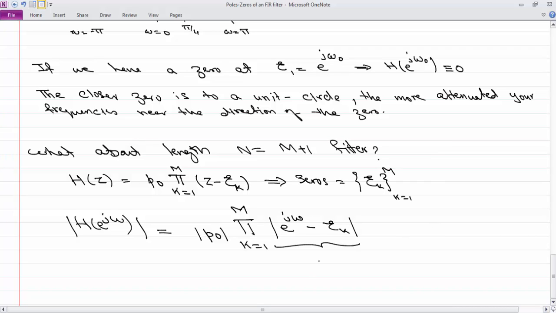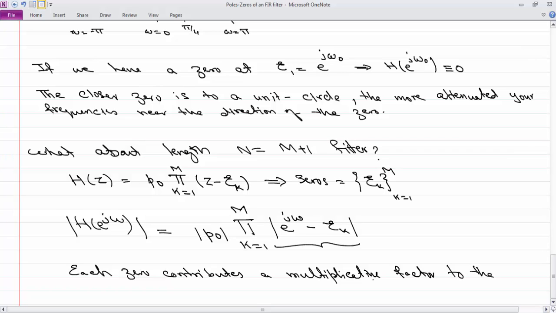So each zero contributes a multiplicative factor to the magnitude response. And the total magnitude is simply the product of all those factors.